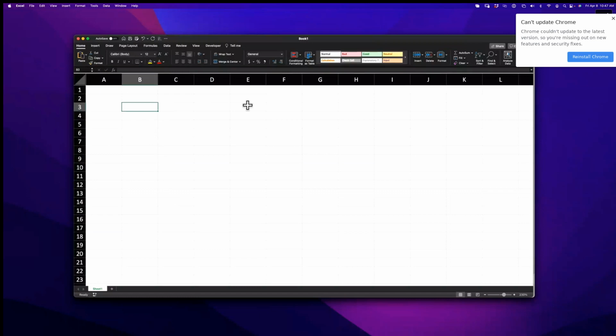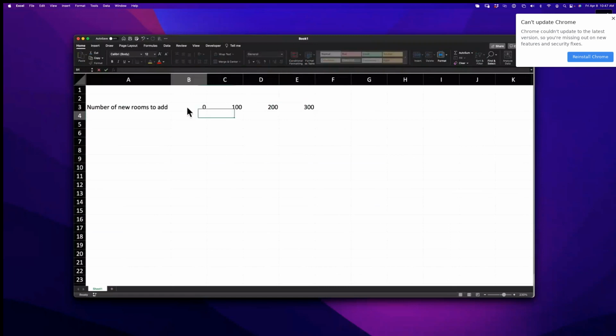So there's the number of new rooms to add, and we could either add 0, 100, 200, or 300.